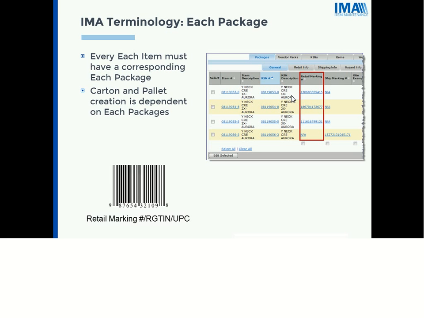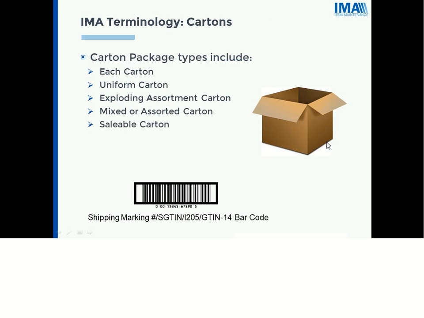So that's the 12-digit barcode typically. There's a few businesses that have slightly different numbered UPCs, but usually it's the 12-digit barcode for most of our items. And here on this tab, you'll see the retail marking number on the left. On the right, you see the shipping marking number, and that goes on our cartons.